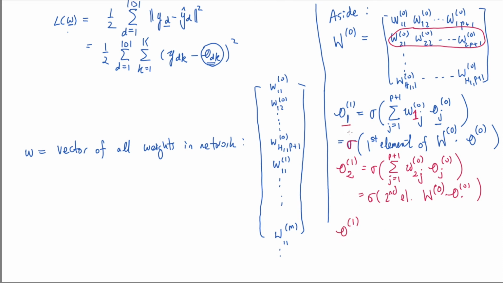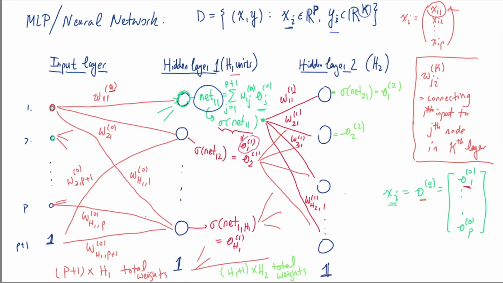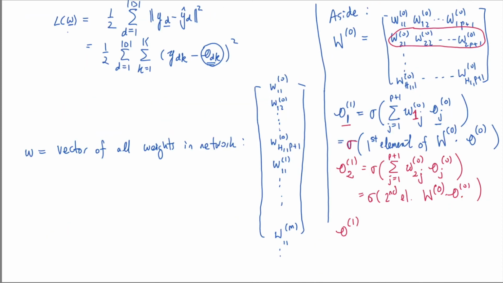Remember, for this layer we're going to have H1 outputs. So we can actually compute the entirety of that output by just computing the matrix product W0 times O0.